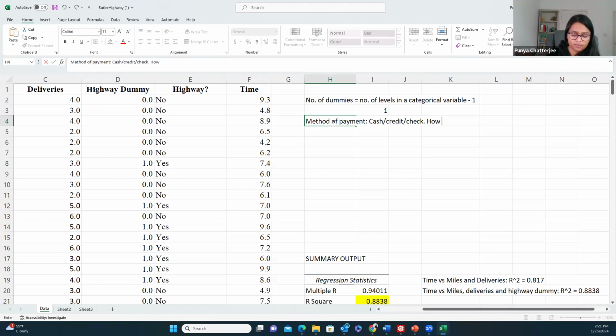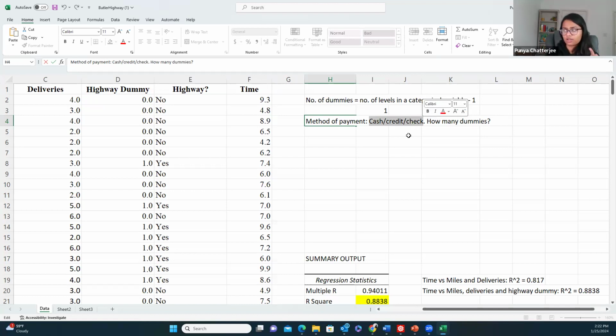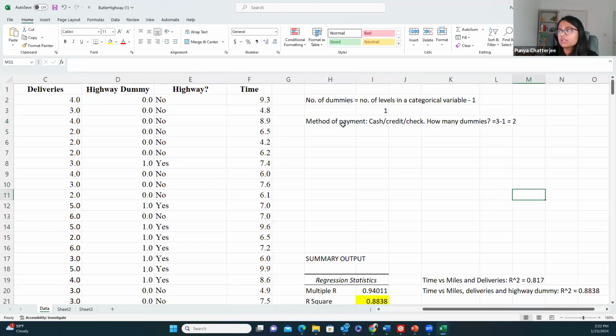How many dummies? 2. 2, right? Because we have how many levels? We have 3 levels of this categorical variable: cash, credit, or check. So the dummies that we need would be 3 minus 1 equals 2. Right? Okay.